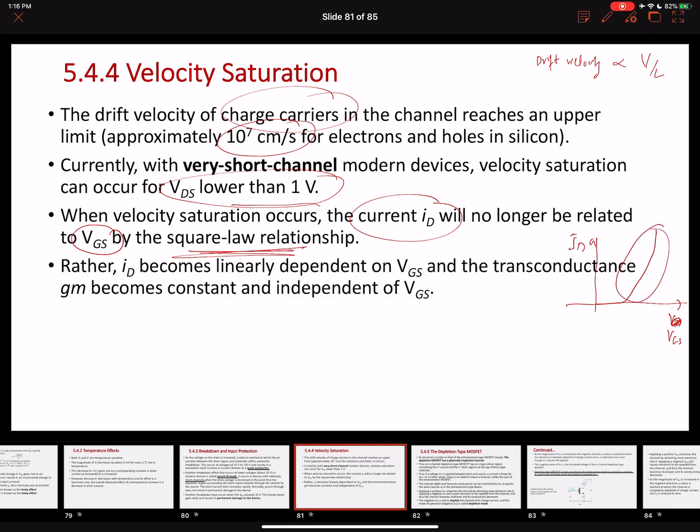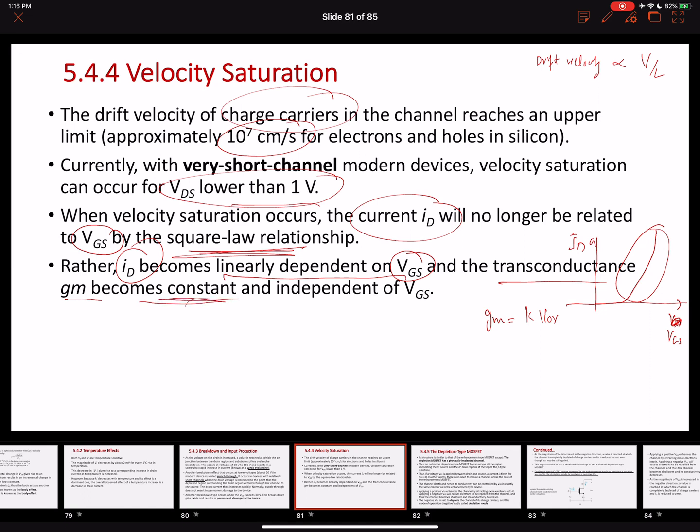However, we will realize that this will become more linearly related to the gate to source voltage, because the transconductance parameter, or the transconductance GM, and if you remember, GM was K times VOV, right? It will become constant.